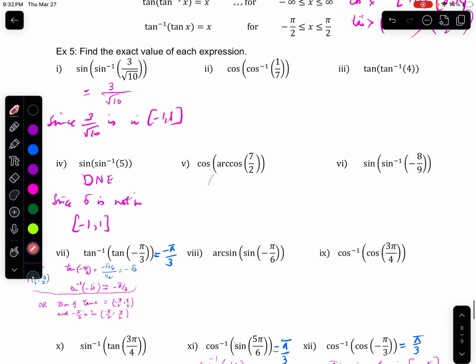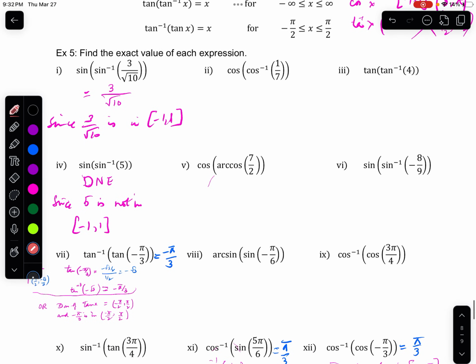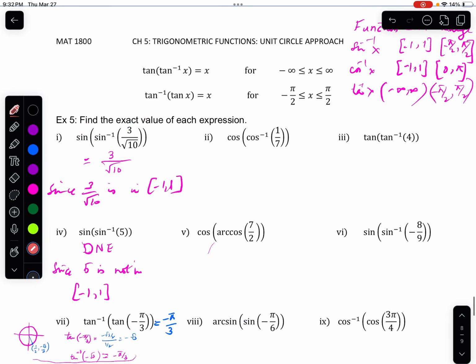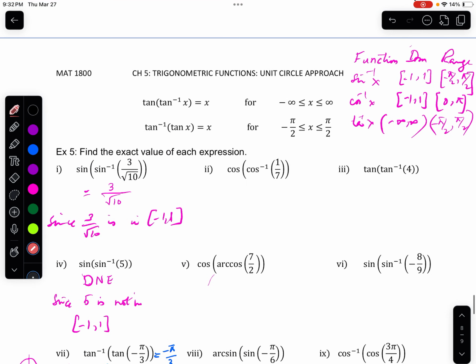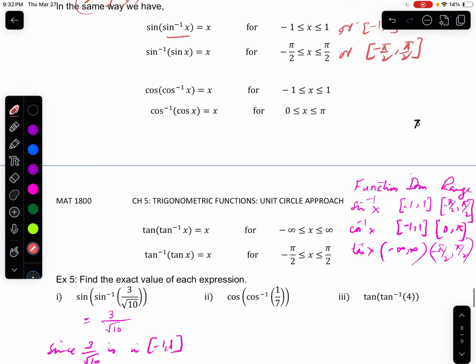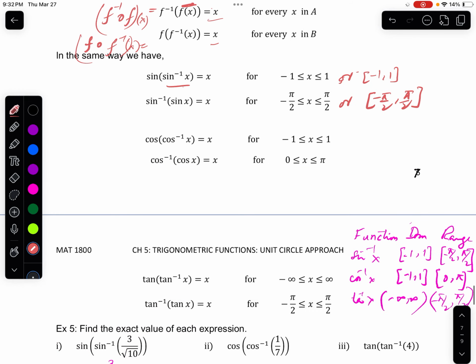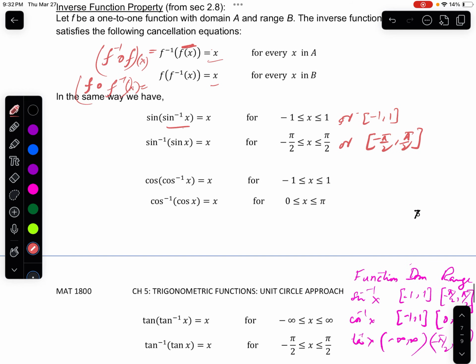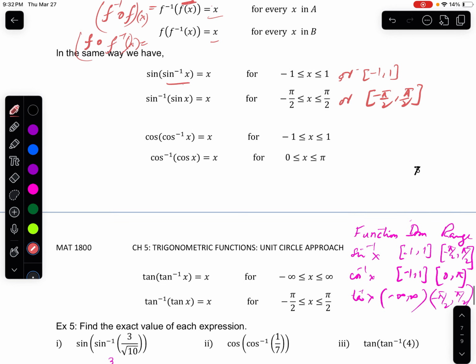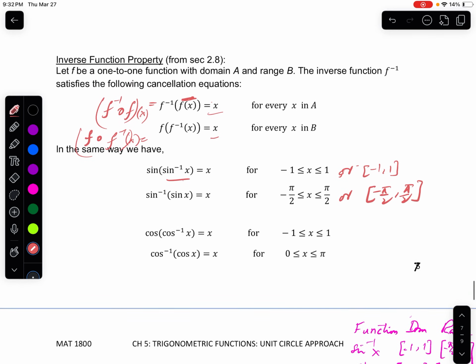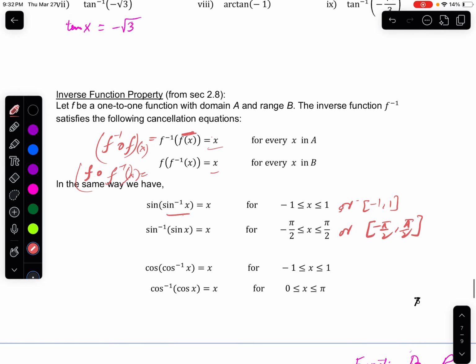So let's see how we look at these example problems. Just remember, we call the inverse functions, what are their domains? Sine inverse has domain negative 1 to 1, and range is negative pi over 2 to pi over 2.